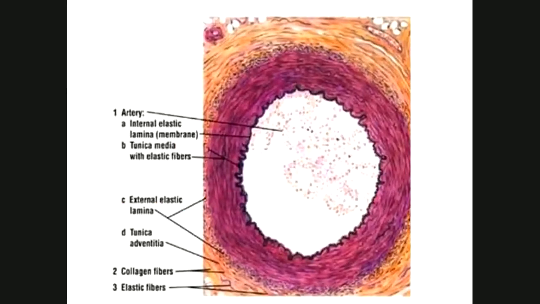If we look under a microscope, we can see those layers. Now this one's an artery, but it's easy to see the three layers. There's externa, there's media, and that little bitty layer right there that looks dark, that's the interna. And then here's the hollow space in the middle where the blood is. That's called the lumen. But three layers.